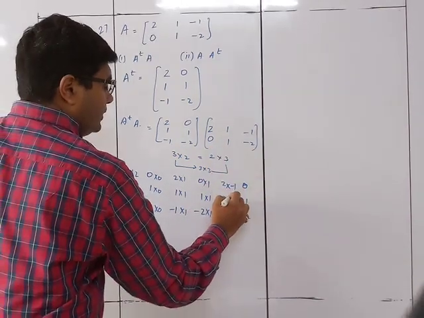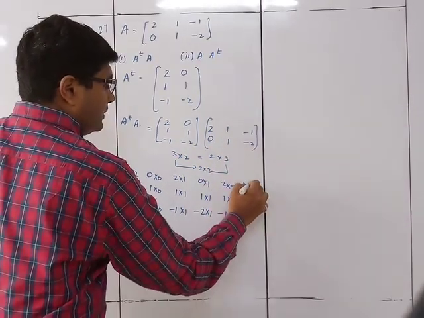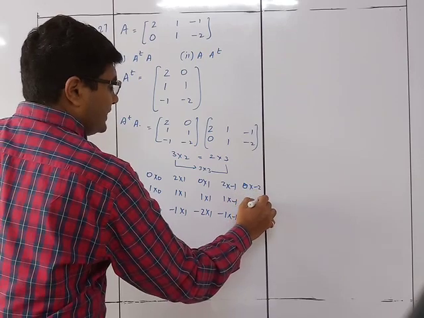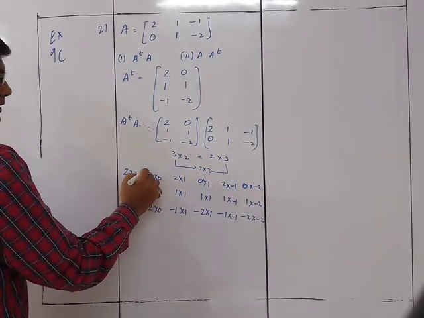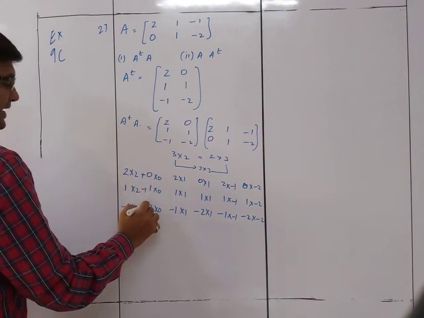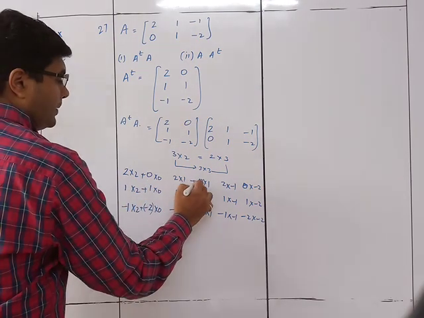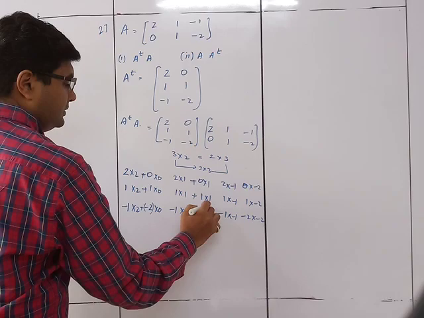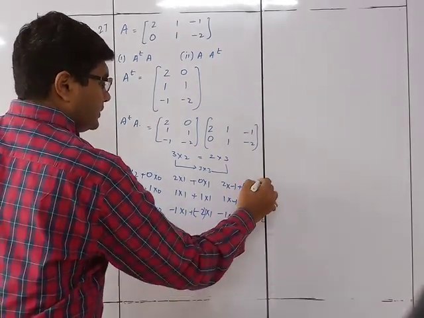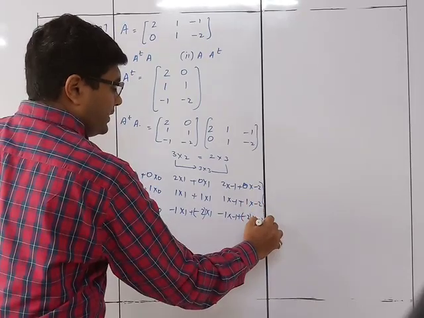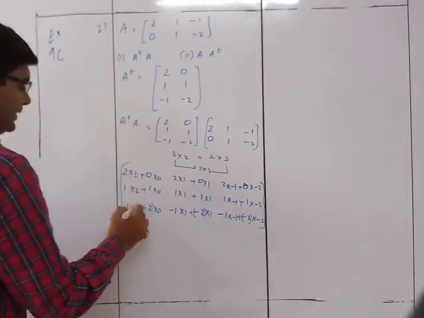Into minus 1, into minus 1, into minus 1. Into minus 2, into minus 2, into minus 2. Each of these is one particular matrix, so plus signs here. This is the required format.